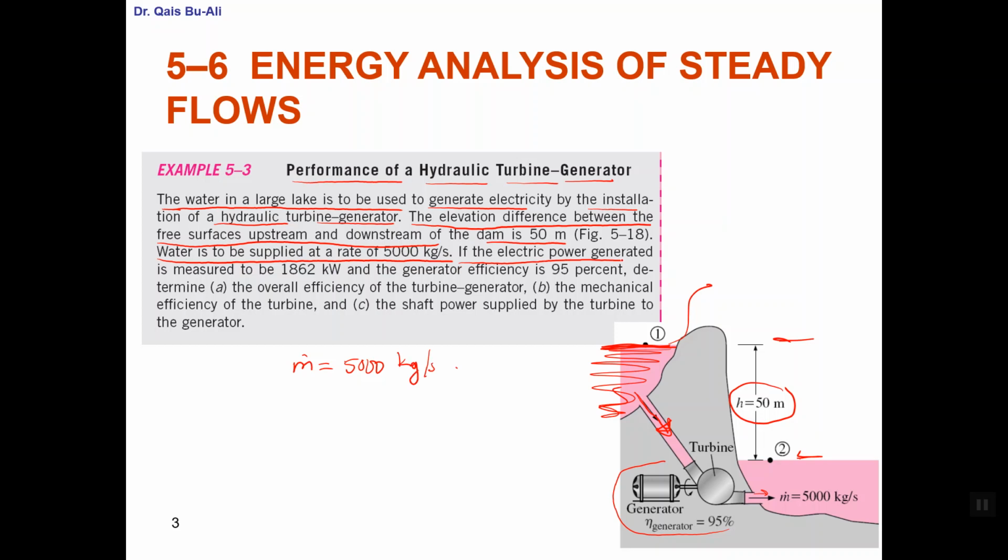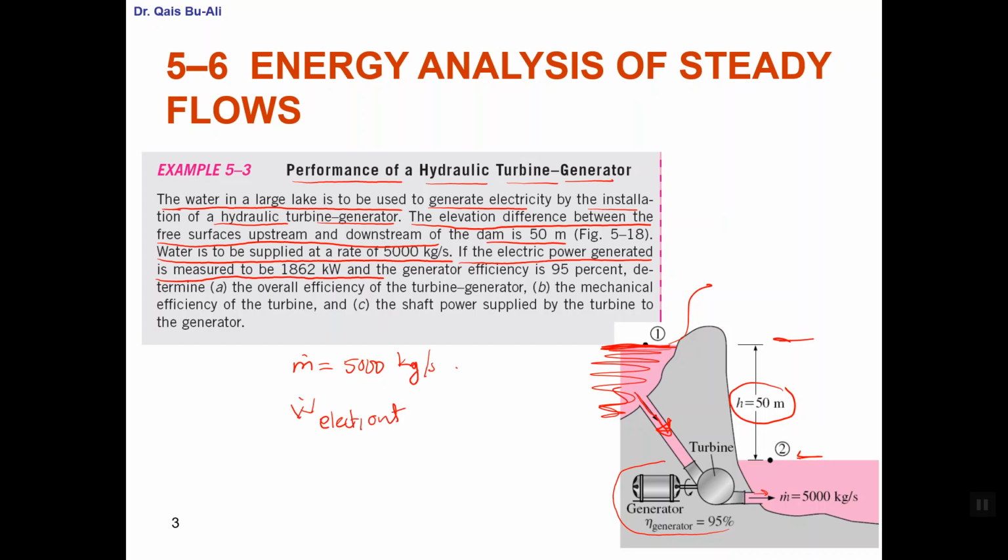If the electric power generated is measured to be 1,862 kilowatt, so this is what I'm getting. This is W, let us say electricity out, coming out of this turbine generator.